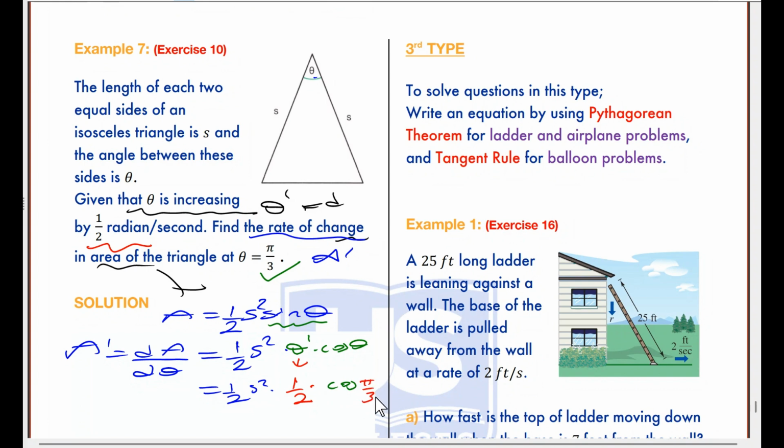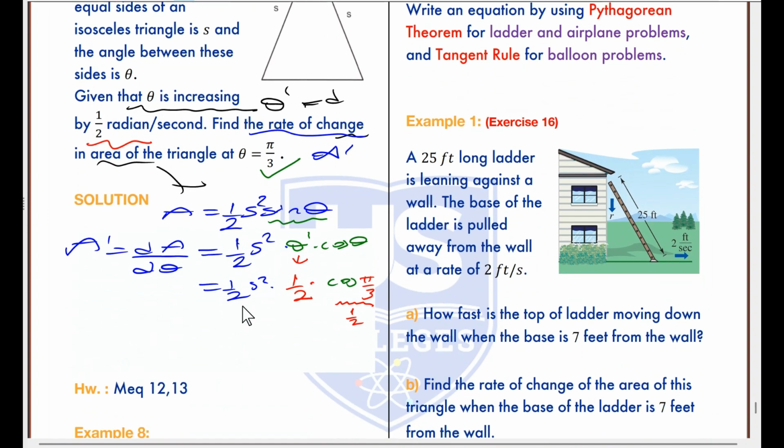Pi over 3 is 60 degrees, cosine 60 is 1 over 2. So when I multiply them all, 1 over 2 times 1 over 2 times 1 over 2 is 1 over 8, with s squared. So s squared over 8. That's it. That's the answer.